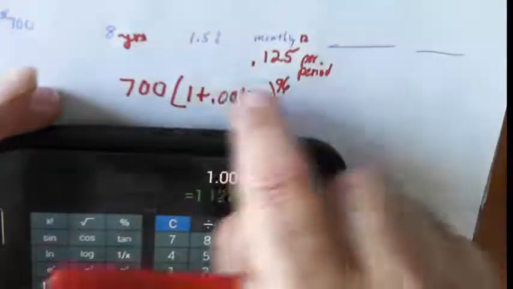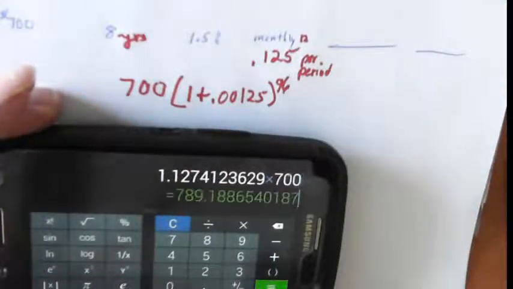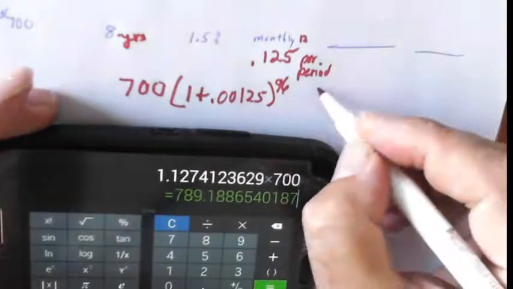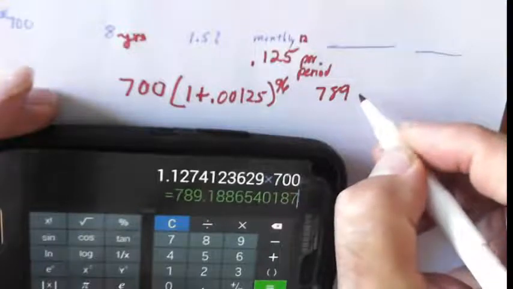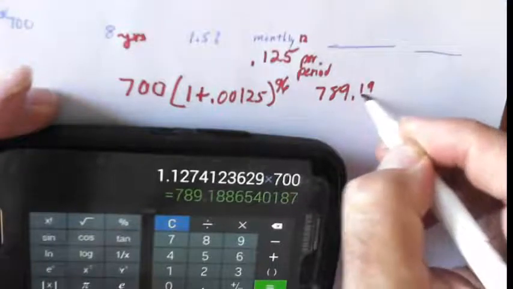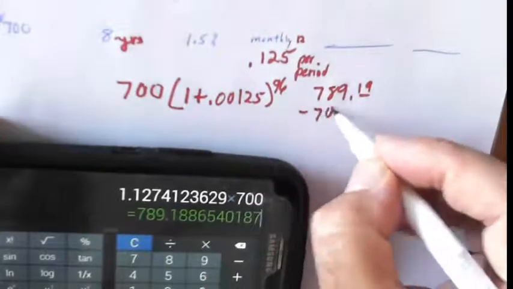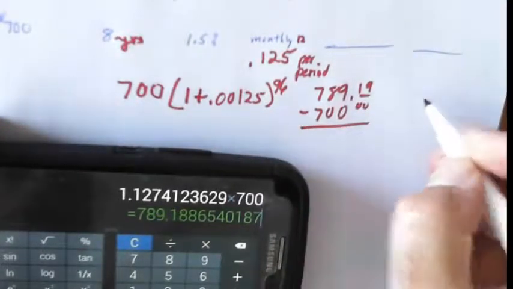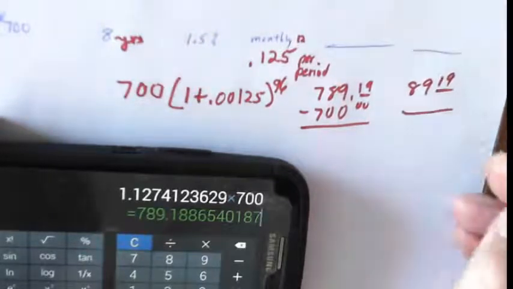Okay, so we have our bracket taken care of, times the 700. So we would get then a total of 789.19. Okay, so our interest then would be minus the principal.